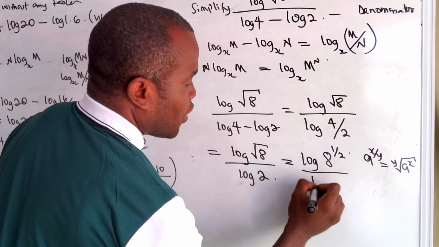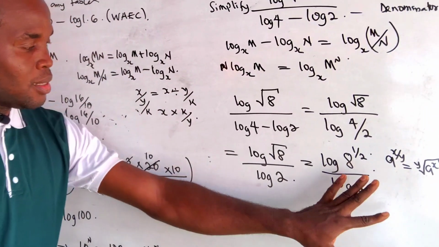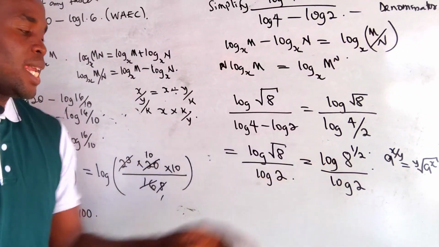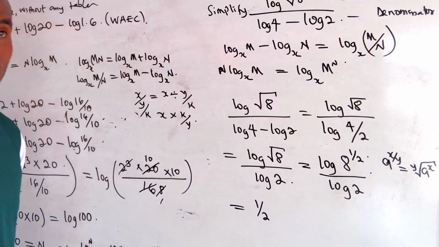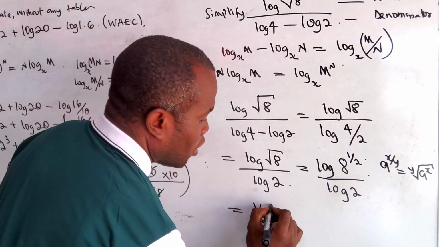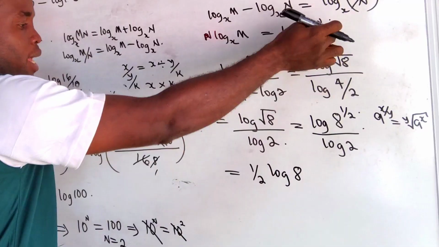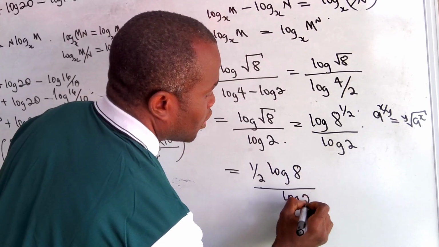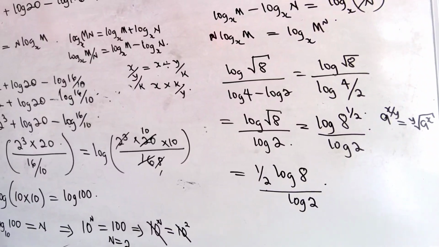So all over log 2. Simply put, you can bring this one outside here. Therefore you have 1 over 2 log 8, all over log 2.